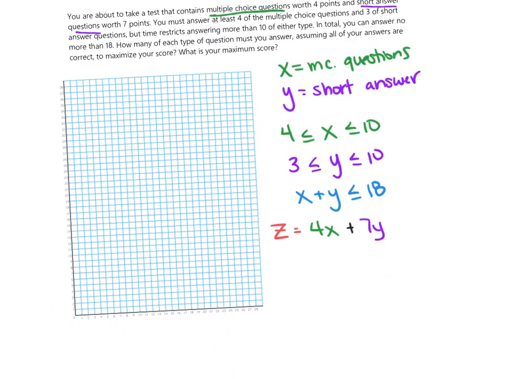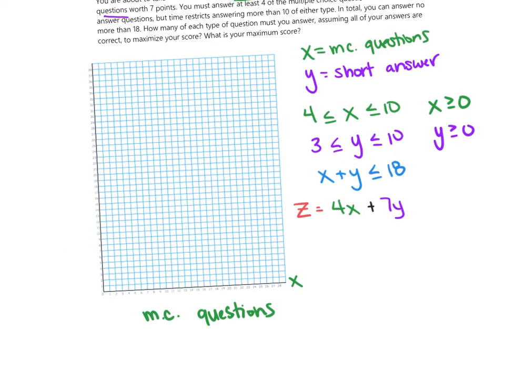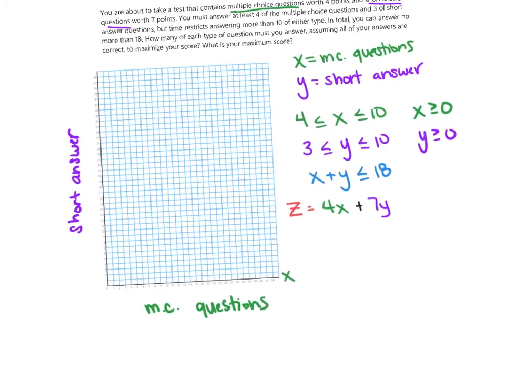So again, the first thing we need to do is make sure we have the non-negative constraints. We have to answer some multiple choice questions and some short answer questions. The x-axis is our multiple choice axis, and on the y-axis we have the short answer axis. Now we're going to plot these graphs.